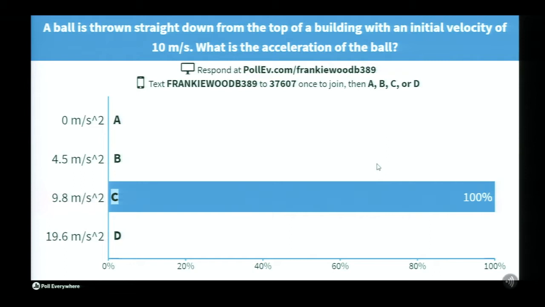You can't see the question? A ball is thrown straight down from the top of a building with an initial velocity of 10 meters per second. What is the acceleration of the ball?